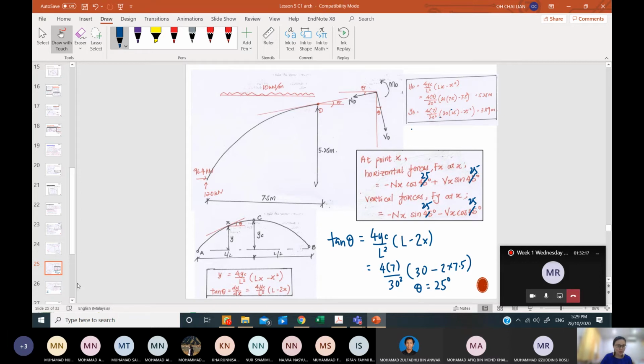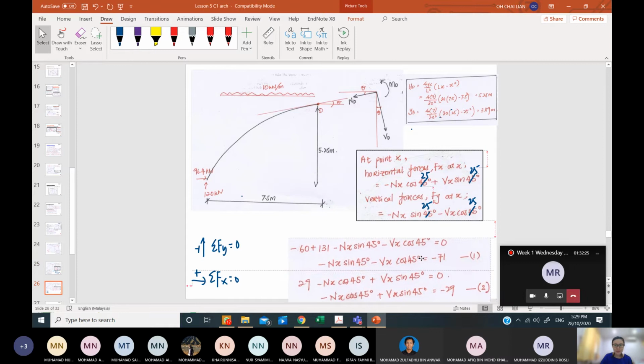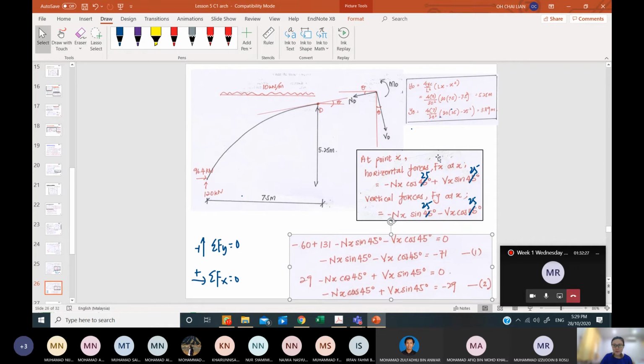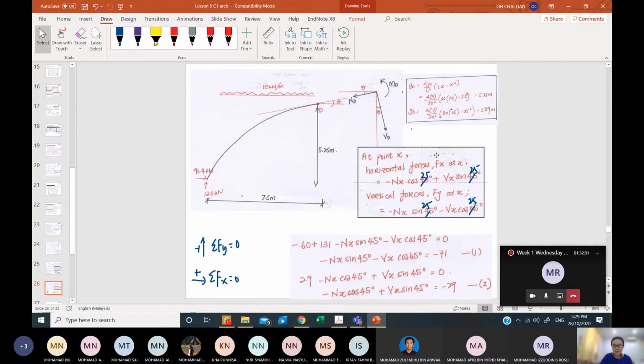Okay, you check. I'm still taking my earlier slides here, where I need to find these horizontal forces Fx at x.